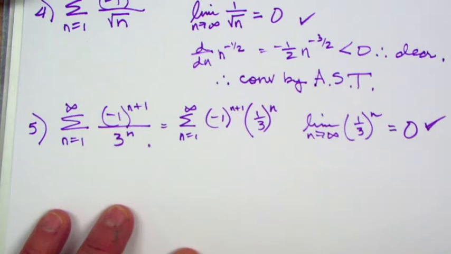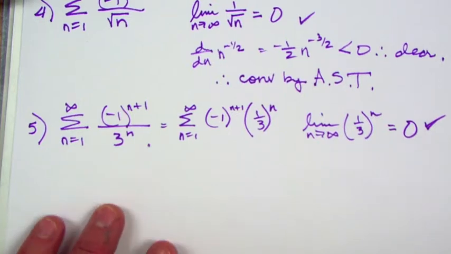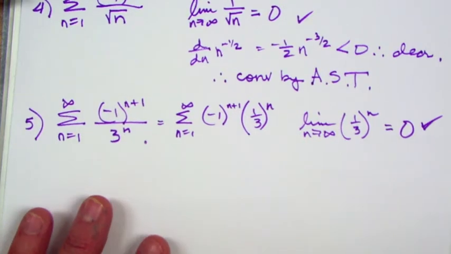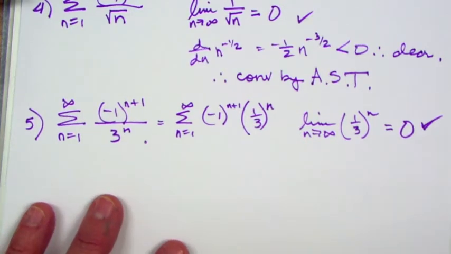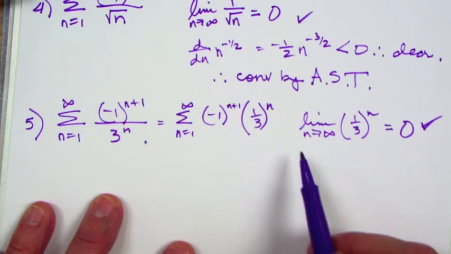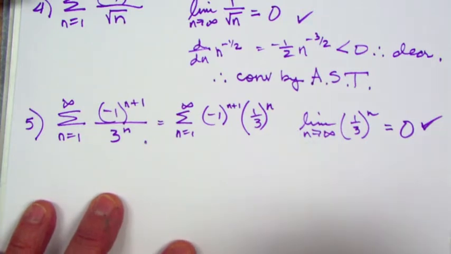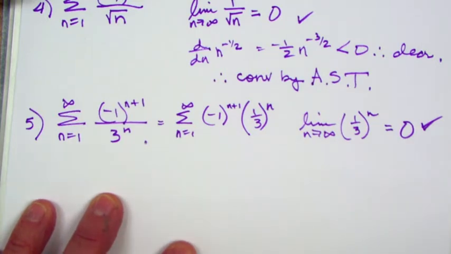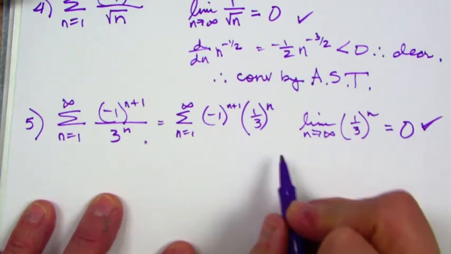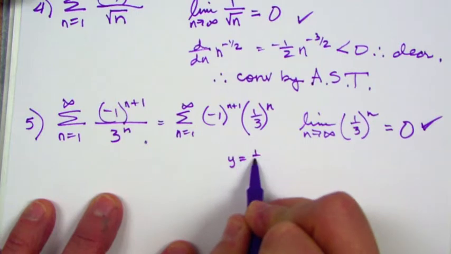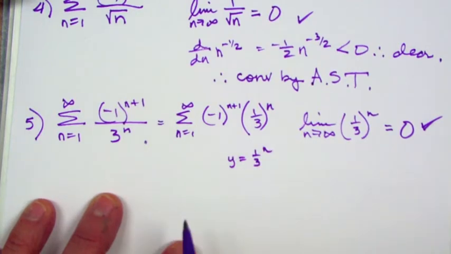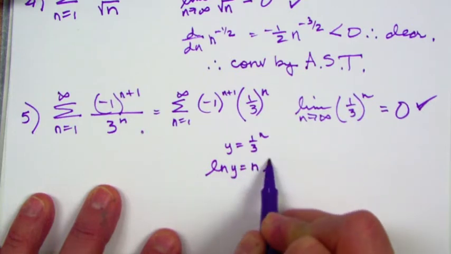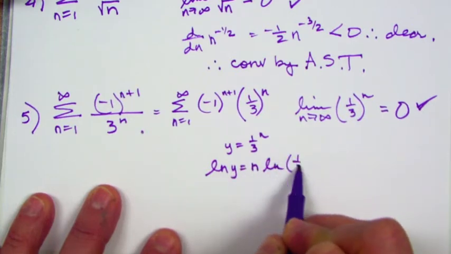So this one's kind of a pain to take the derivative of because the variable's in the exponent, but I'll just give you a refresher on that because it is something you need to know. So you would let y equal 1/3 to the n, and then I would take the ln of both sides, and then I would take the derivative. I need to take the derivative of the n term, right?